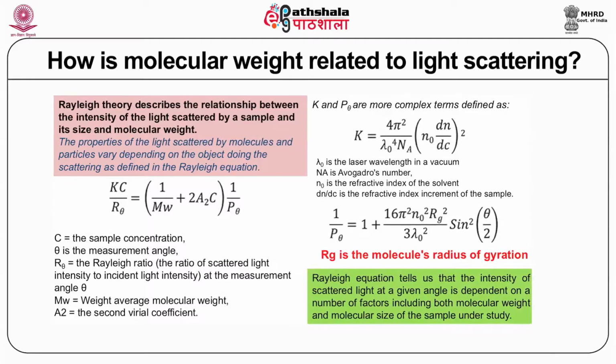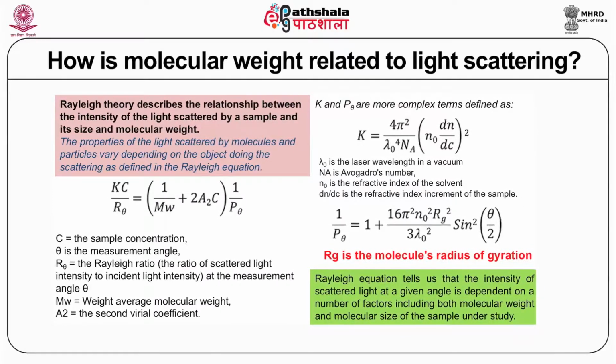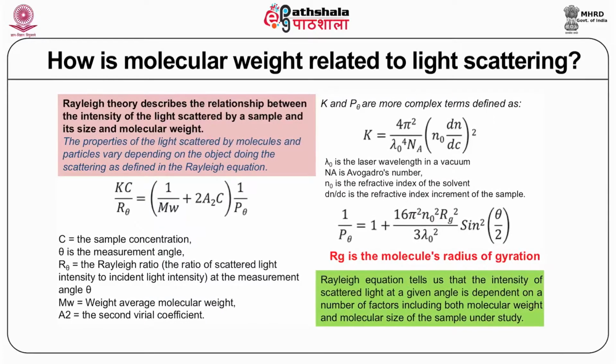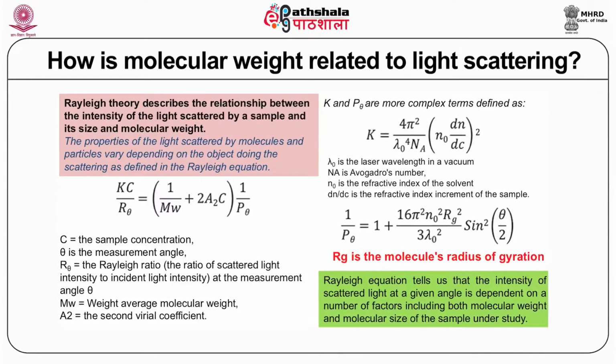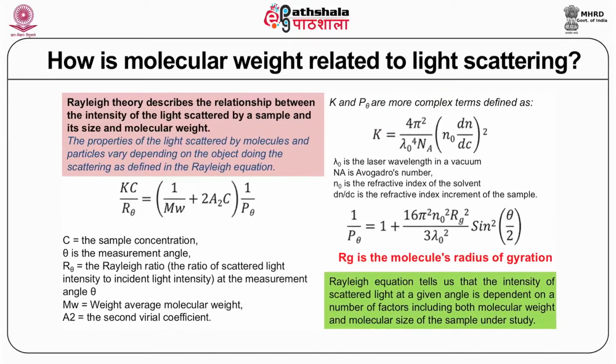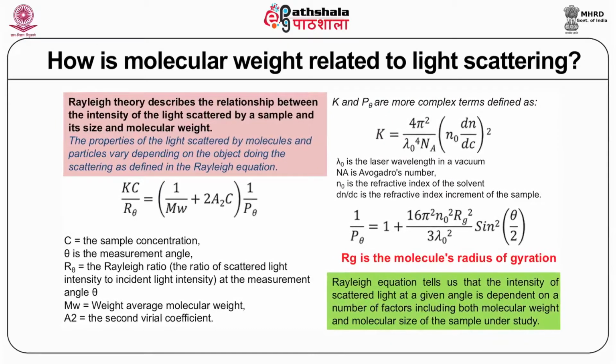It can be further expressed as 1 by P theta equals 1 plus 16 pi square n naught square Rg square divided by 3 lambda square into sin square theta by 2, where Rg is the molecule's radius of gyration.